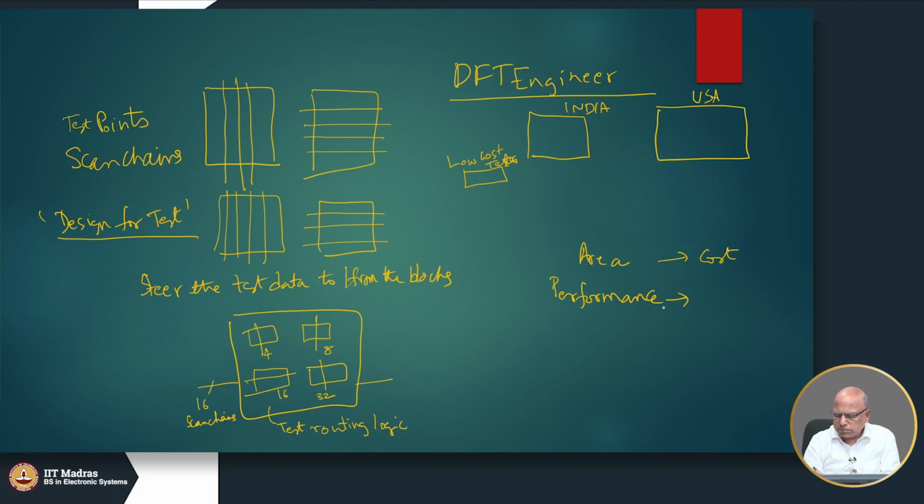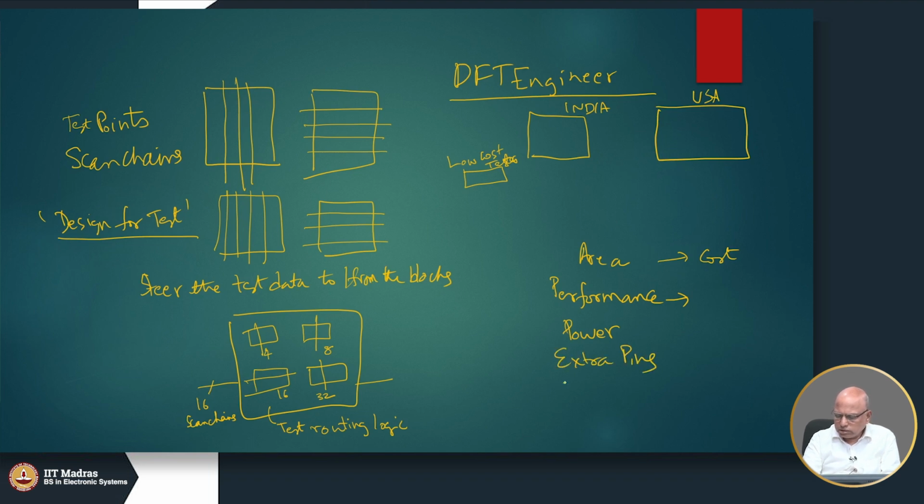Okay, if the design is expected to work at 500 megahertz, in the presence of DFT it may not work at 500 megahertz. So, that can be a problem. Then there is the power, right. The DFT logic will consume extra power, okay, and extra pins.